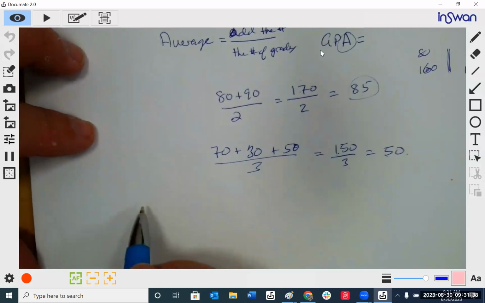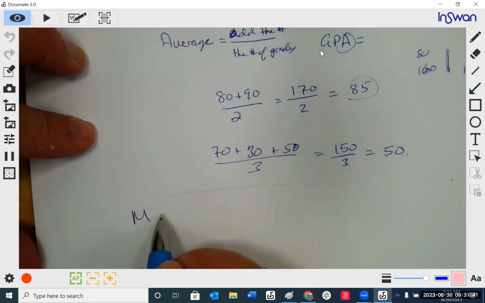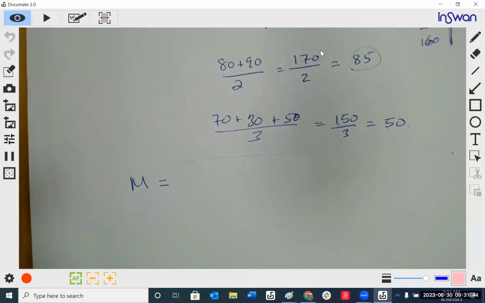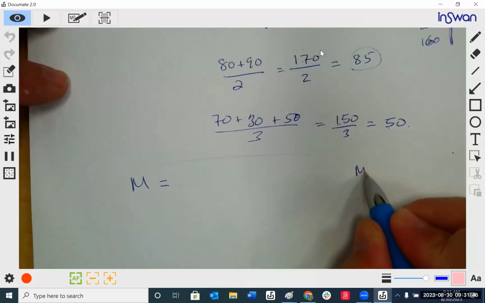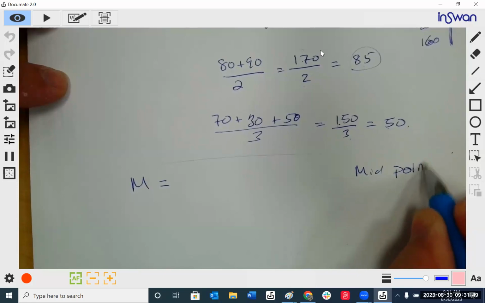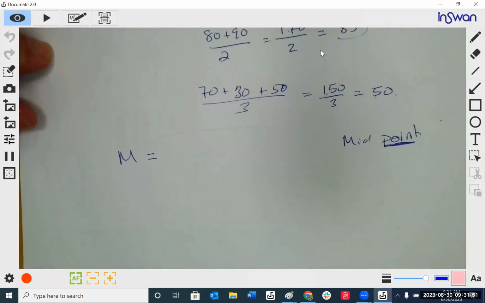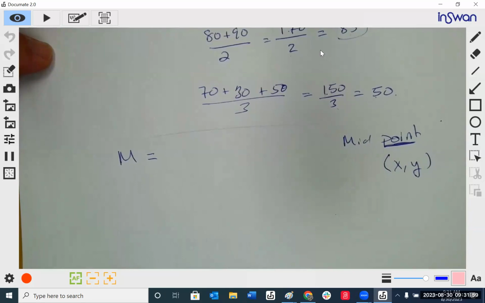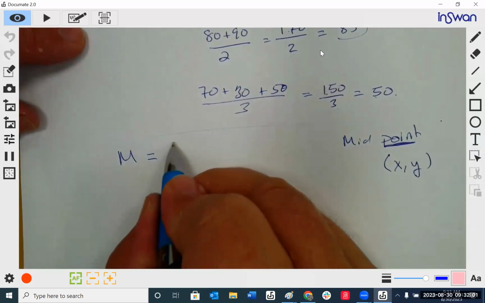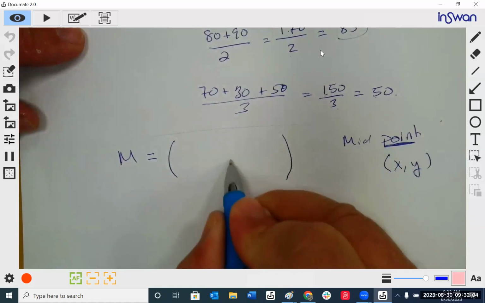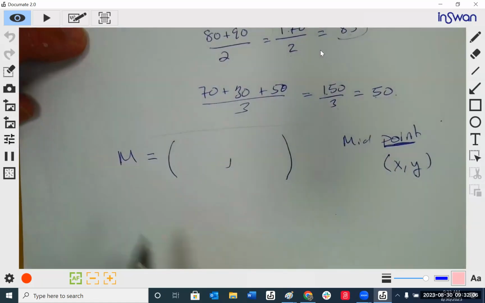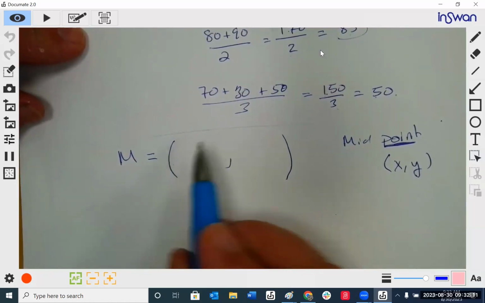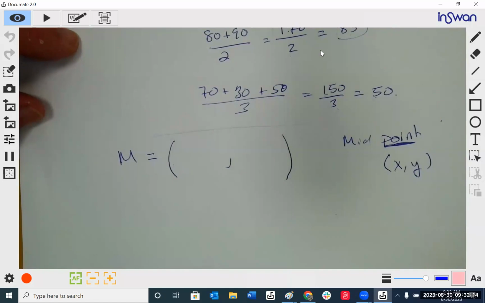So, finding the midpoint. Notice it said midpoint. It's a point. In order to be a point, it has to have a coordinate. Midpoint is a point, so we have to find the average of the x's and the average of the y's.